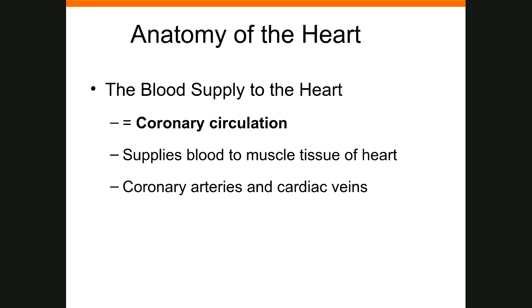It delivers when the heart is relaxed. The left ventricle receives most of the coronary blood supply. This is why the mass of the left ventricle is very strong, more than the right ventricle, and its wall is very thick also. So we talked about that.